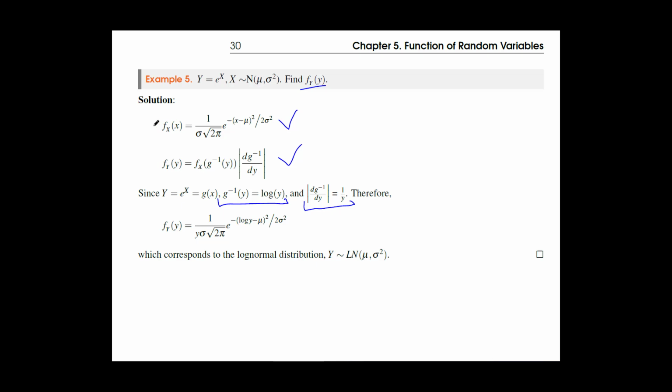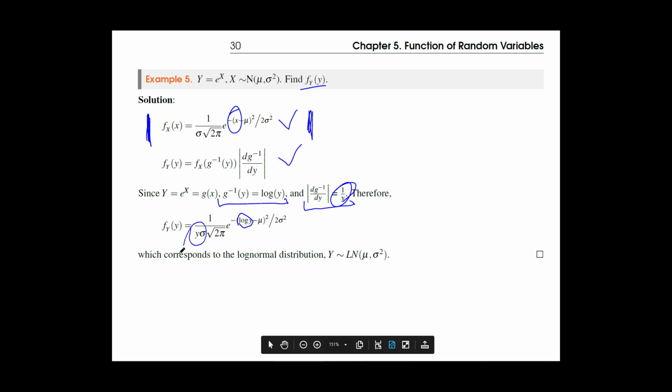So we're going to take this PDF of x, and wherever it says x, we're going to plug in the inverse value, so log of y, in that place. And then we're going to multiply by the absolute value of the derivative, which is 1 over y.